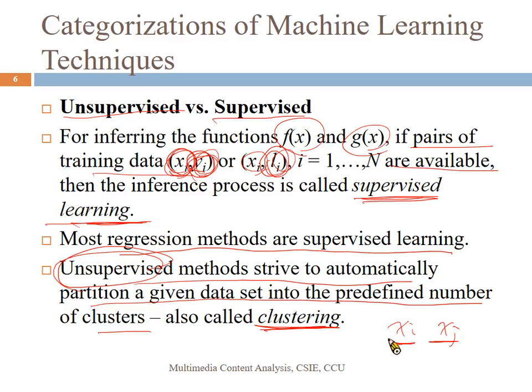So all we can do is partition the set of input data into several clusters. Okay, so that's also known as a clustering problem. So we can also view machine learning problems from this perspective.